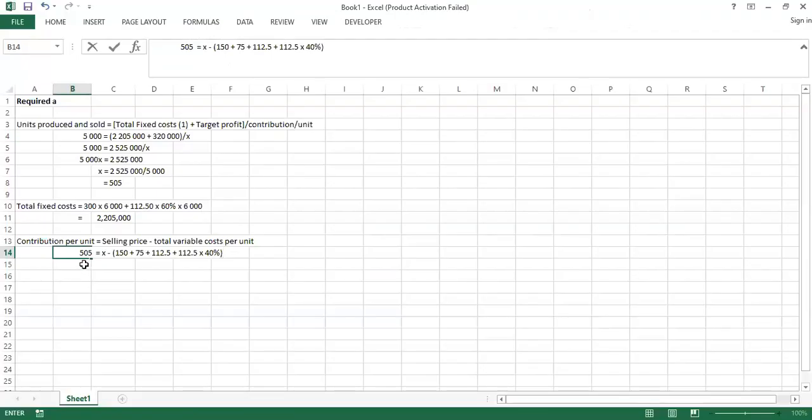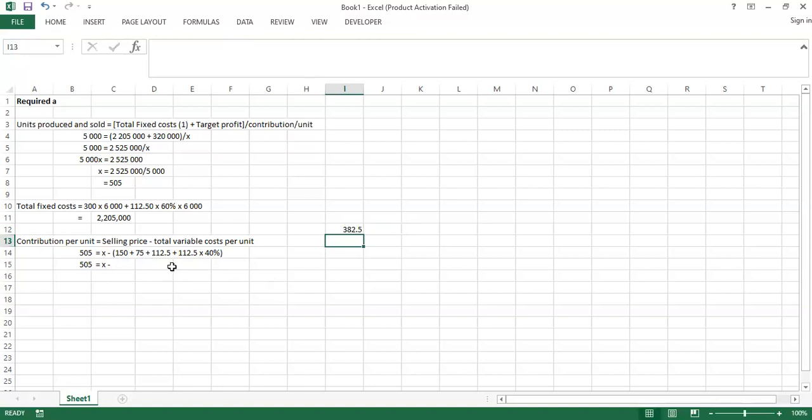Okay, so now we can do the calculation. So this is going to be 505 is equal to, so this x is going to remain an x for now. Let's see how we can calculate that. So this is going to be 150 plus 75 plus 112.5 plus 112.5 times 0.4.